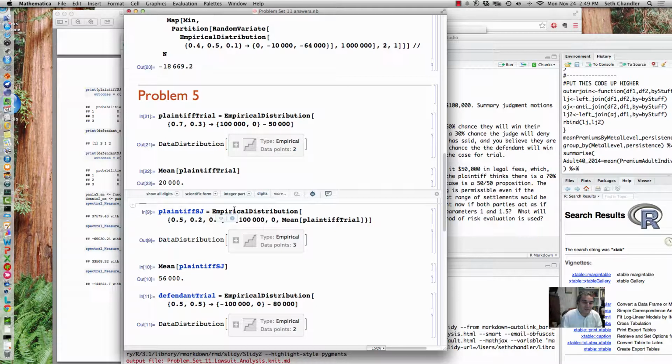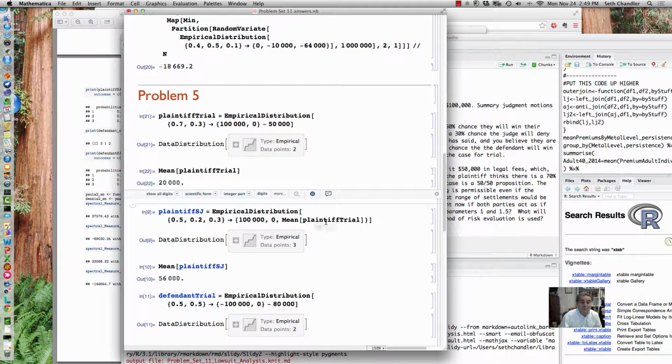It's an empirical distribution where there's a 50% chance of winning summary judgment, a 20% chance of losing at summary judgment, and now I can say if I'm risk averse... if I'm risk neutral, I can just stick the mean in there.